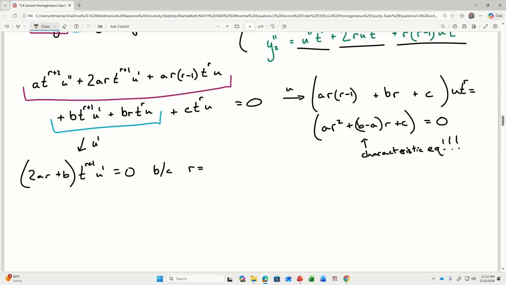Where's my u primes? 2ar plus b t to the r plus 1. So setting this equal to 0 would imply that r is equal to negative b over 2a. But that's not true because r is equal to a minus b over 2a. So that's not exactly true.